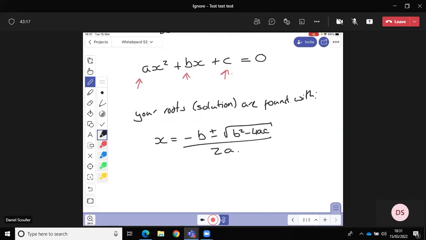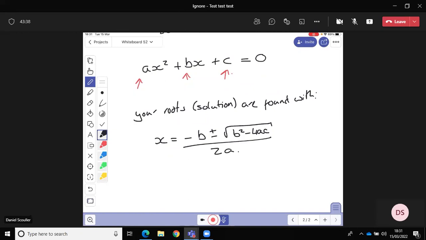It looks absolutely horrible. But all it is, is taking those three numbers, the number in front of the x squared term, the number in front of the x term, and the number in front of the c term, and just being able to put them into position.